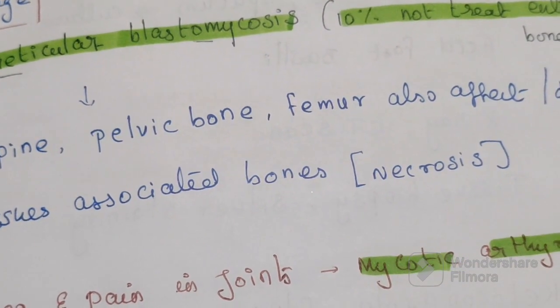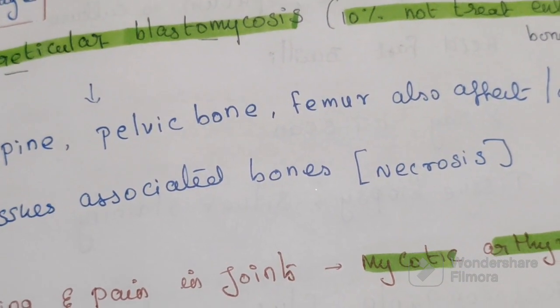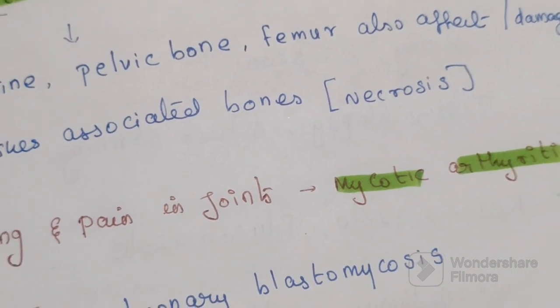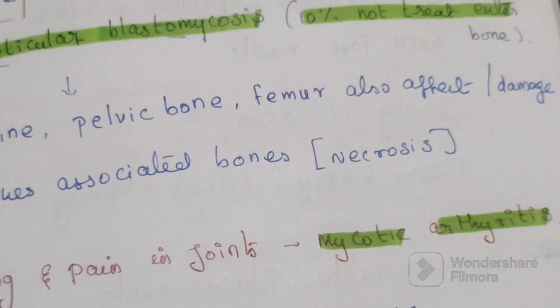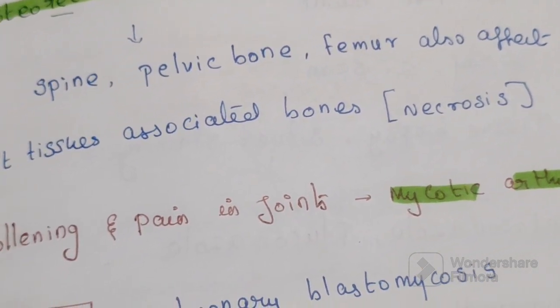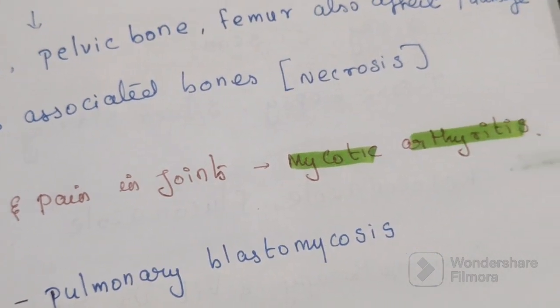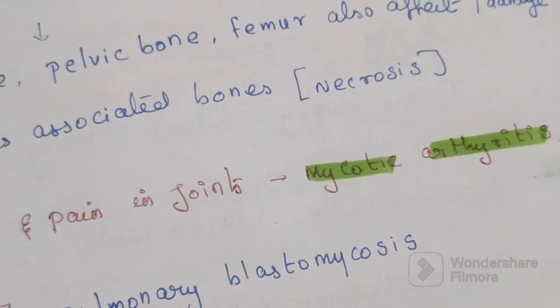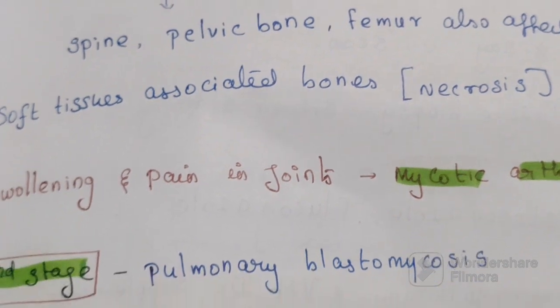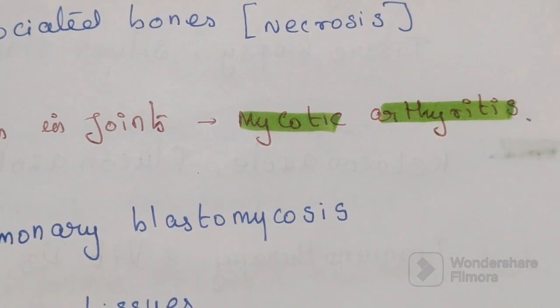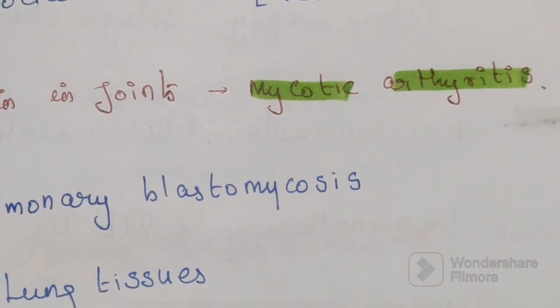Not only bone, it also affects soft tissue associated with bone, and it causes necrosis. So it is called mycotic arthritis. This fungus affects joints and bones, so this disease condition is called mycotic arthritis.